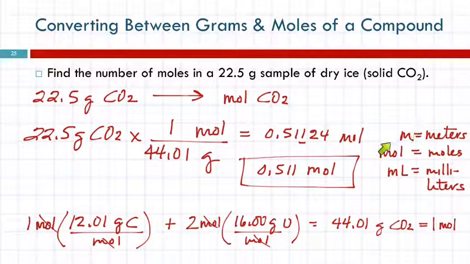These three are similar, but they're very different, and so we need to be careful when we write our units, okay? You cannot make up your own abbreviations. It's set. The International Union of Pure and Applied Chemistry said that the abbreviation for moles is MOL. You can't make it shorter, sorry.